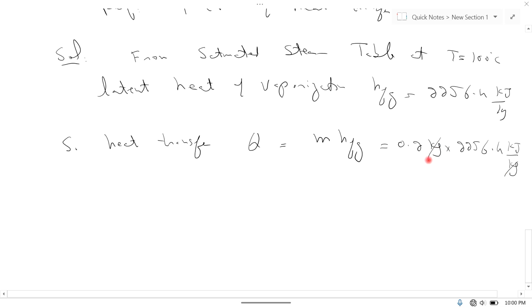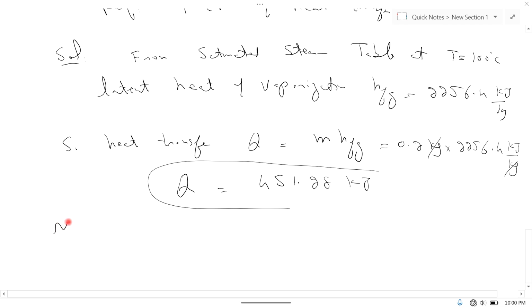Kilogram will be cancelled with kilogram. So heat transfer is equal to 451.28 kilojoule.